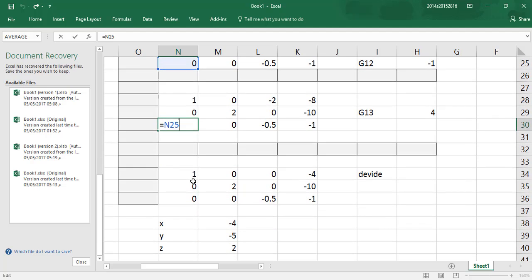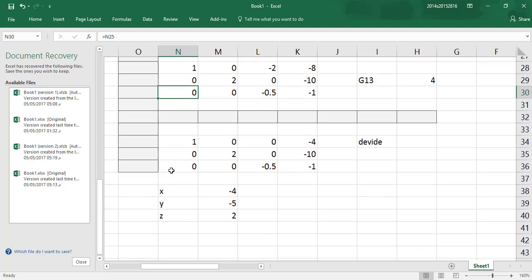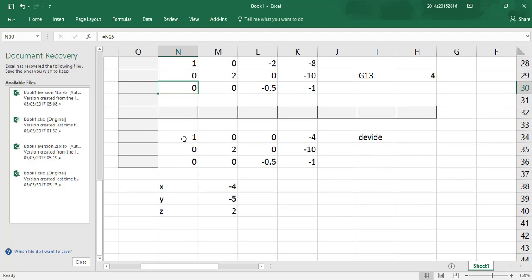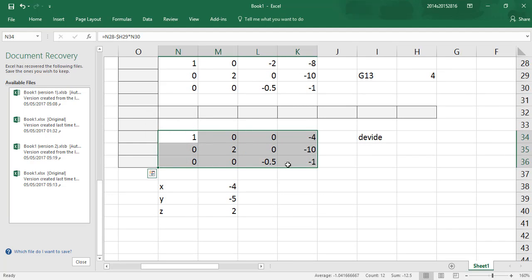The final stage is to divide this matrix.